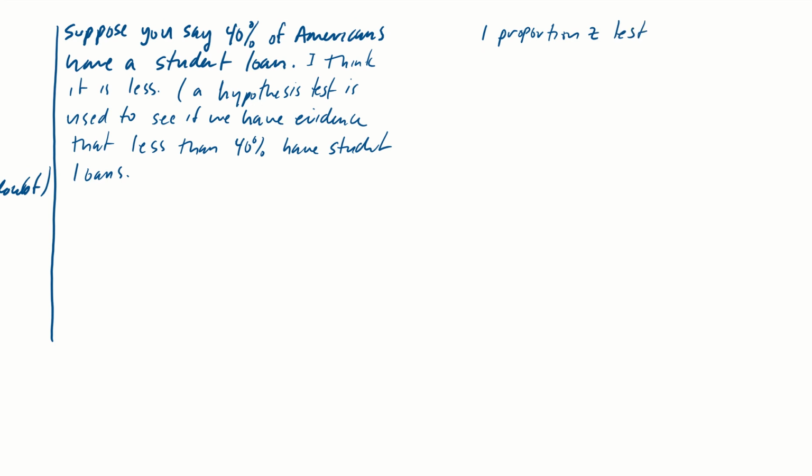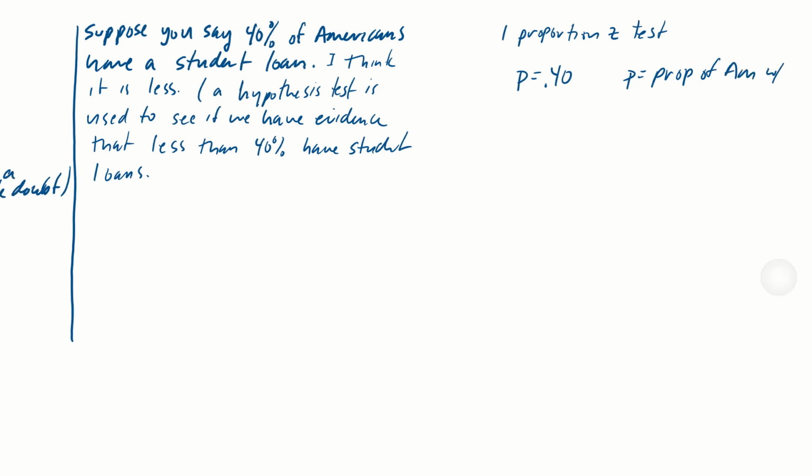And we're going to assume, first of all, that p equals 0.4, where p equals the proportion of Americans with a student loan. Okay, and we call that H0, that's our null hypothesis, and HA is the alternative hypothesis.